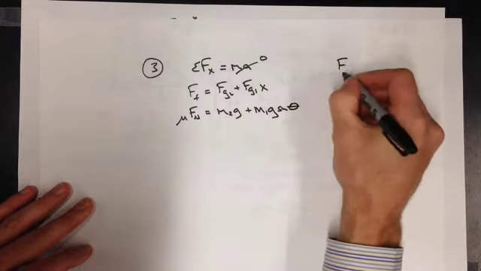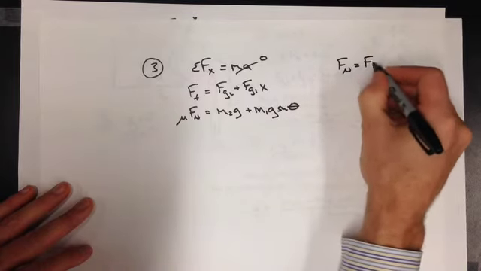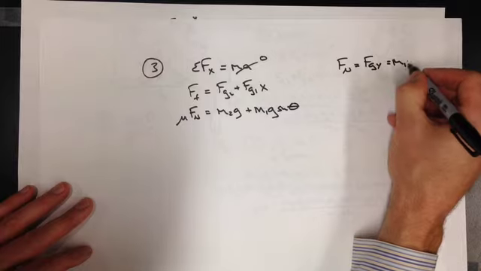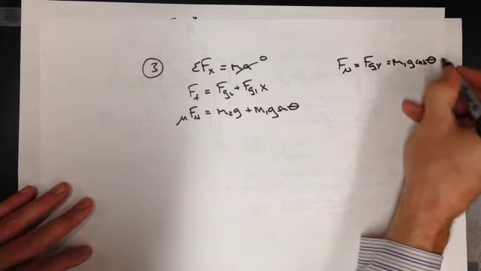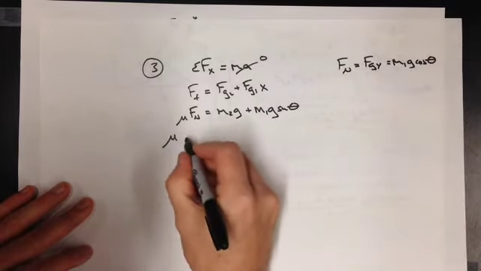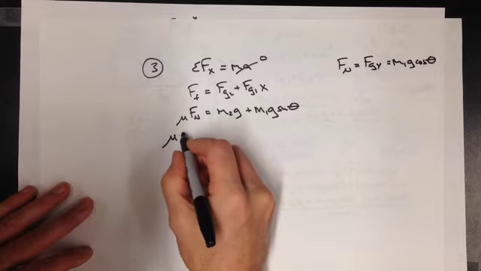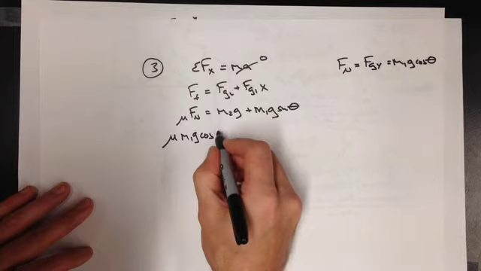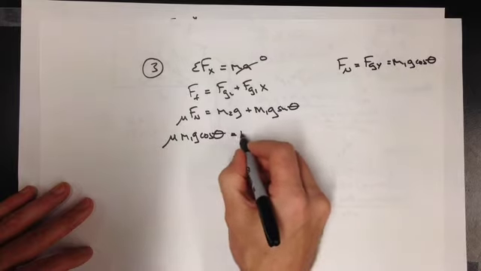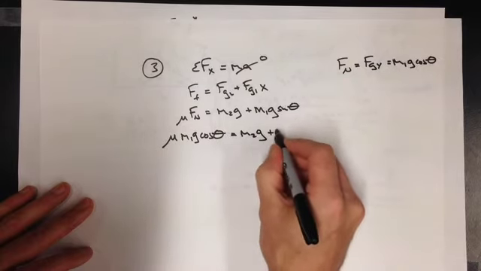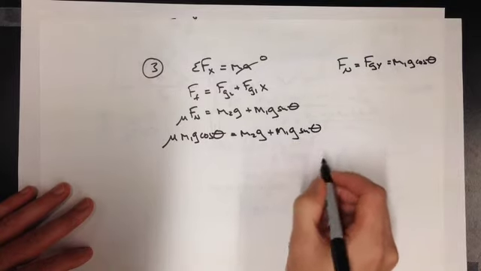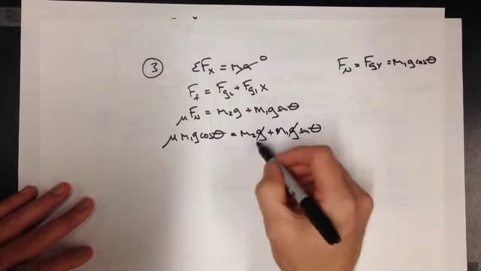As we solved before, Fn, we said that is equal to Fgy, which is equal to m1g cosine theta. So let's plug that in. So I end up with mu m1g cosine theta is equal to m2g plus m1g sine theta. So I have a g in each term, so I can cancel those out.